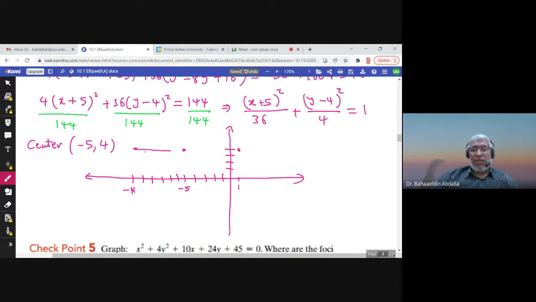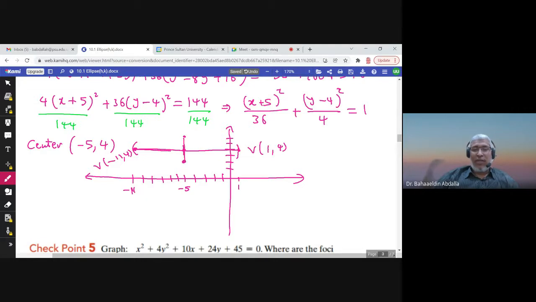So this is the major axis, and these are the vertices. The first vertex is 1 and 4, and the second vertex is -11 and 4. And for the minor axis, I go from the center 2 units up, 2 units down.